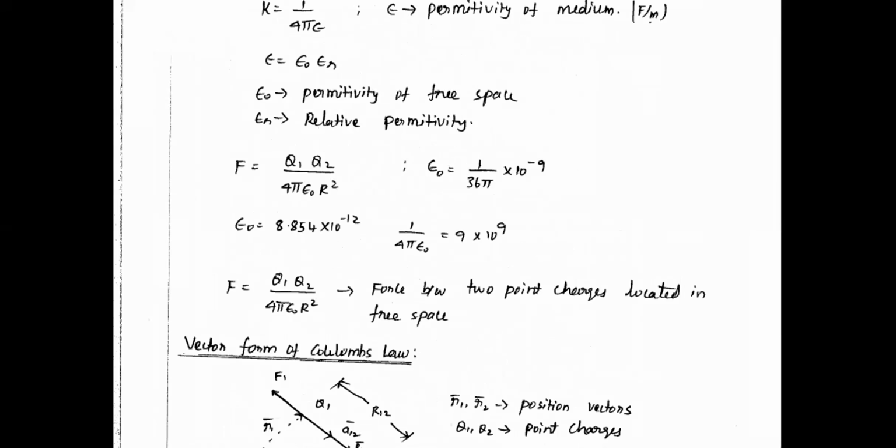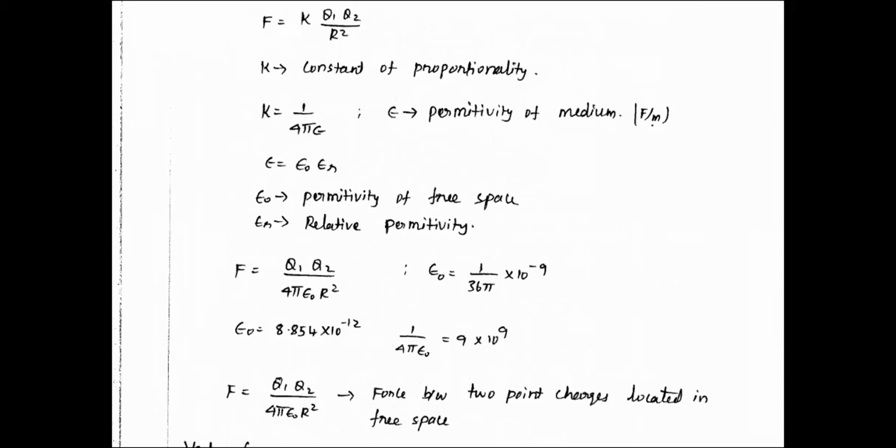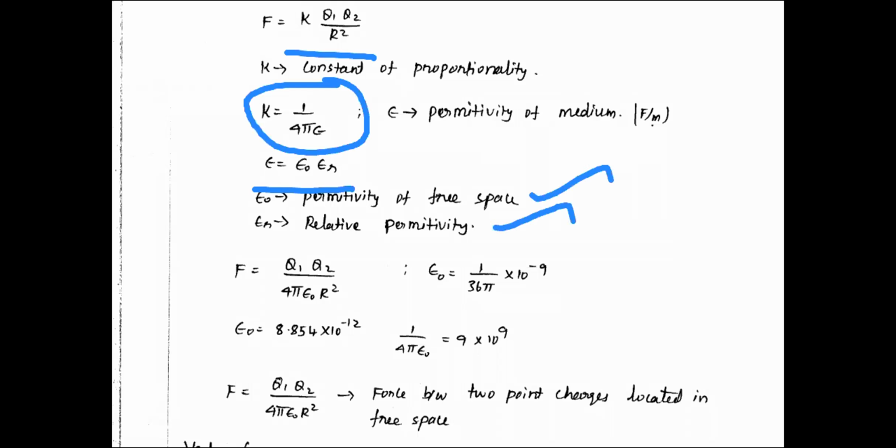And they say, instead of the proportionality constant, they substitute some k value. You know that k value is 1 by 4 pi epsilon in general, and epsilon is epsilon naught into epsilon r, where epsilon naught is the permittivity of free space and epsilon r is the relative permittivity.